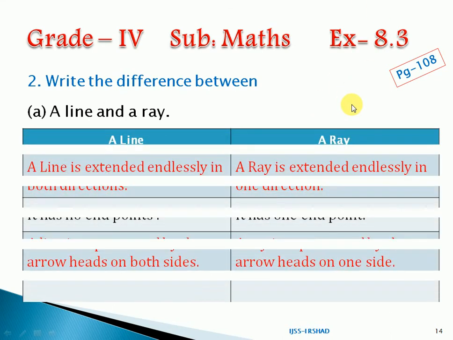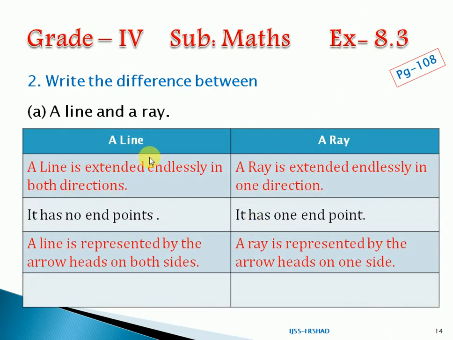We will draw a column like this, and then we will write line and ray. Already you have learned all these things. A line is extended endlessly in both directions. A ray is extended endlessly in one direction, because one end is a stop end. A line has no end points, a ray has one end point.